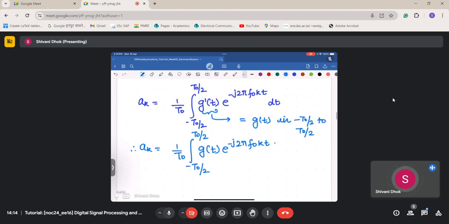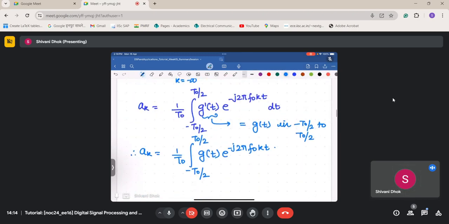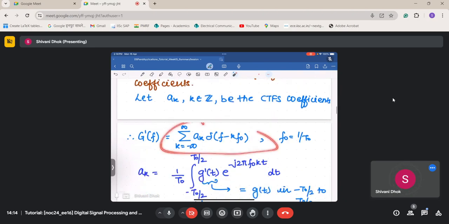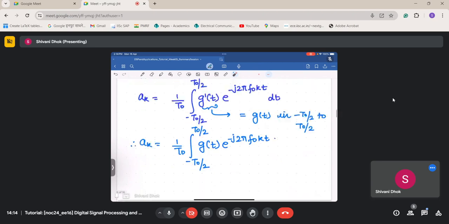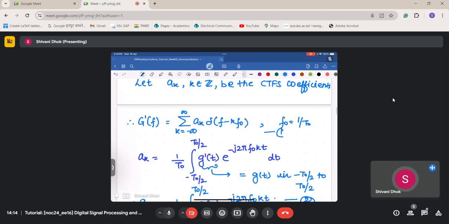Okay, so this is what we are having right now. So now what we will do, we'll take up this a_k and substitute in this equation. Let me number it: let's say this is equation 2 and this is my equation 1.